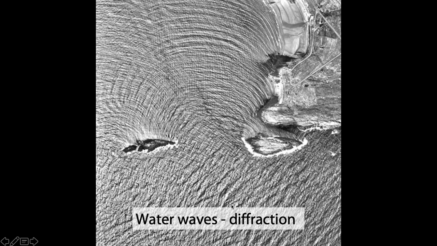You have waves approaching from the bottom of the picture, and as they pass through the gap between these two islands, these quite long wavelength waves, you can see this not exactly circular but stretched circular diffraction pattern being produced. Also note that around the edge of this island there is another diffraction pattern produced, and those two show superposition and interference, which we'll be looking at more later.